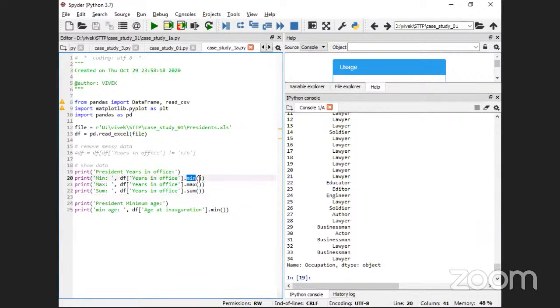These are predefined functions available to get the minimum value, maximum value, and sum. I have also used one more parameter, age at inauguration, which is also a field in that data set. This is the age at which he took that post.